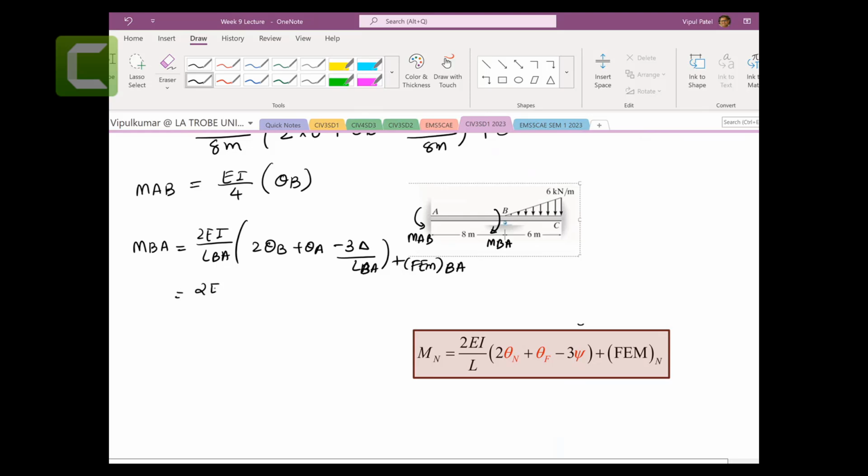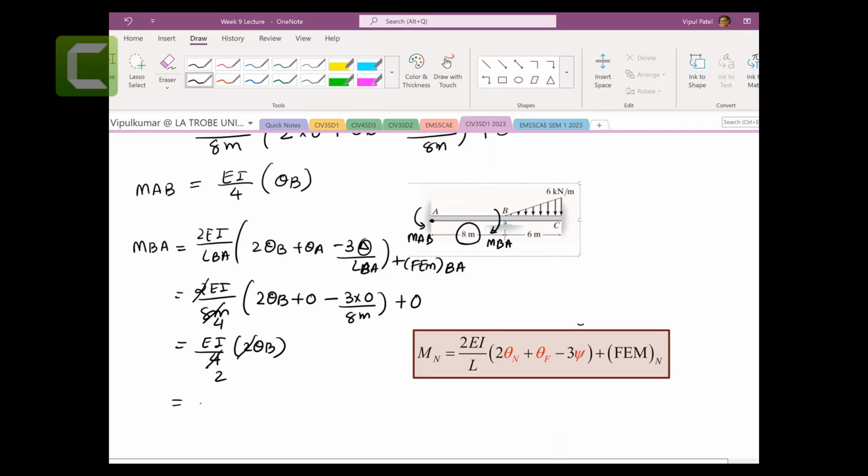So 2EI, length is 8 meters for BA. Theta B we need to find. Theta A was 0 because of the fixed support. There is no settlement, so 3 times 0 on length 8 meters, plus the fixed end moment is 0. So this cancels to 4, so EI on 4 times 2 theta B, and these are all 0. Again it cancels, so EI on 2 theta B. So that is your MBA.